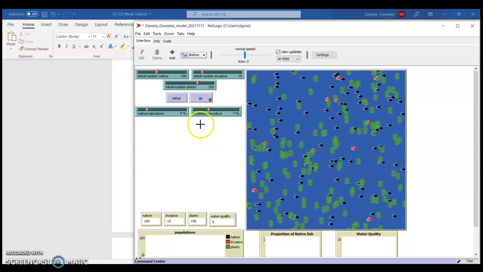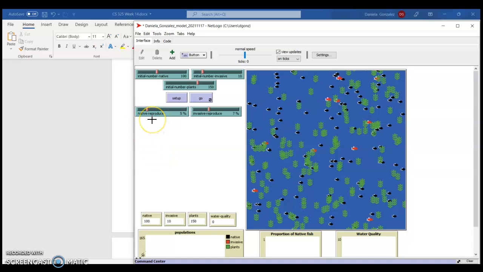So over here, these are my standard settings. Once someone opens my model, this is what all of these sliders are going to be set to. So we expect a small number of native fish, a small number of invasive fish, while there is a large number of native fish still in the population, and about 150 plants. I just thought that was a good number for all of these fish to survive off of.